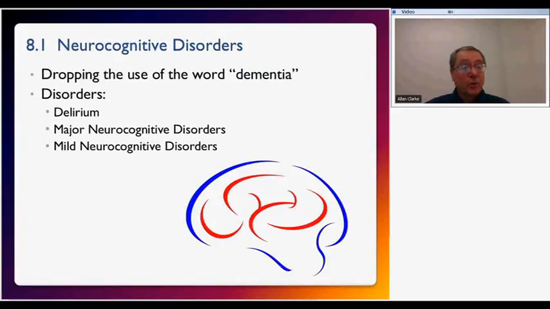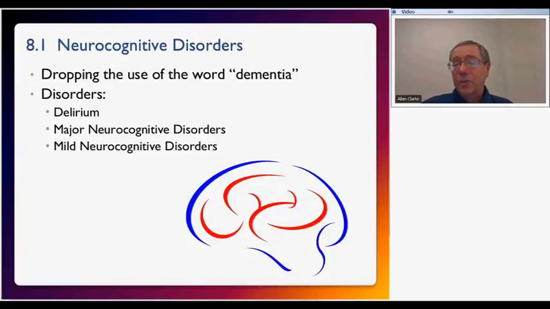Okay, neurocognitive disorder. So I think some of you are working in settings where you're working with individuals with dementia and Alzheimer's disease and the like. In the DSM-5, they've dropped the word dementia. The rationale for this is two things. One is they felt that there was some stigma to the word dementia, but also that the word dementia was poorly understood.